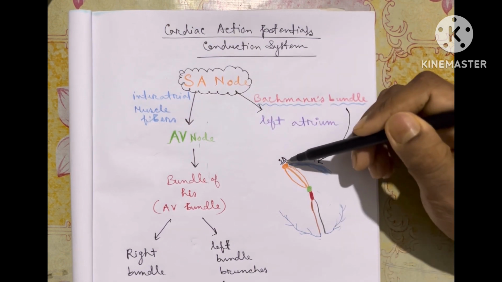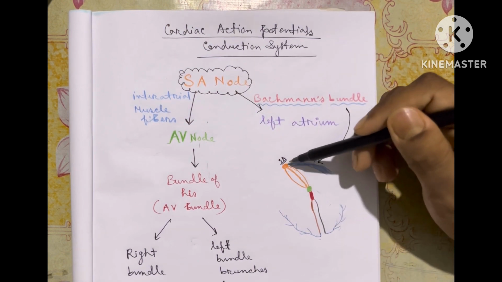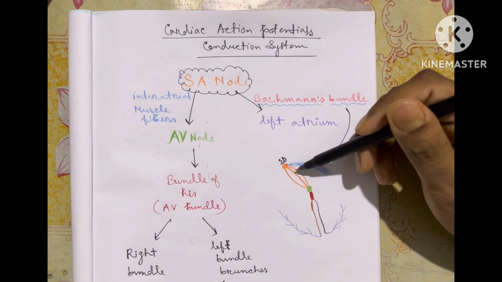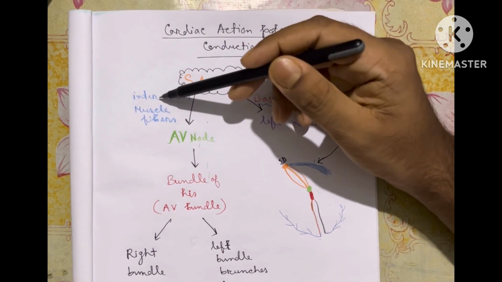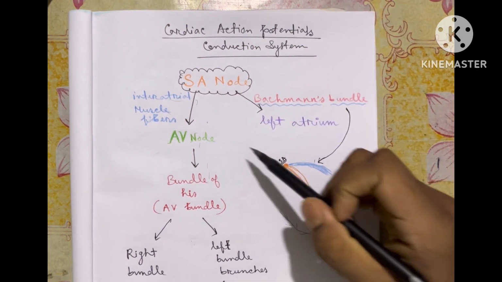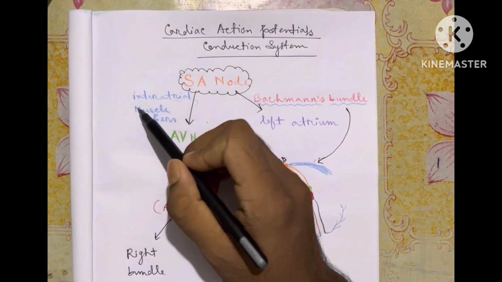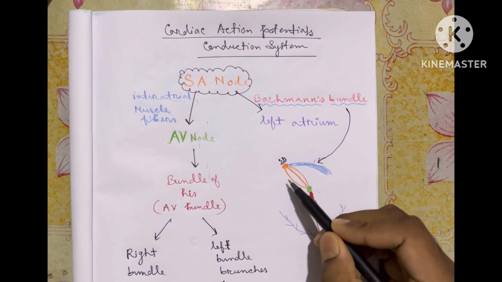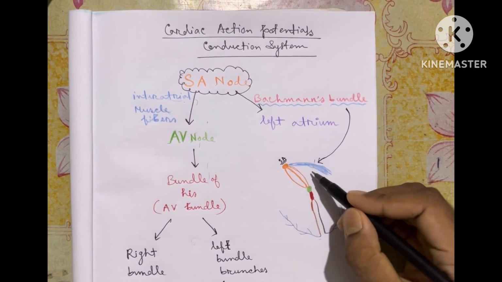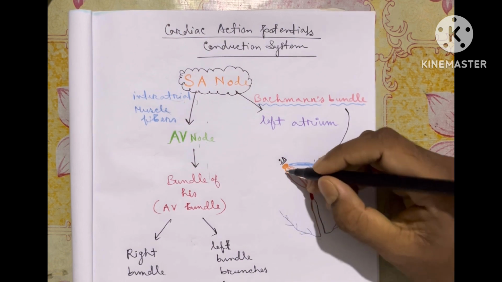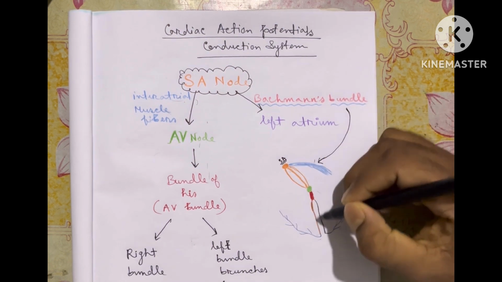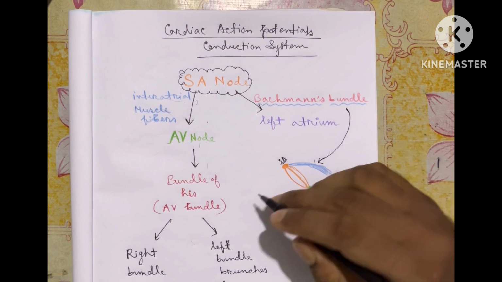Another part of the action potential pathway is our interatrial septal muscle fibers. Interatrial muscle fibers run between both atria. In this whole diagram I have only drawn those fibers; I have not drawn any chambers.